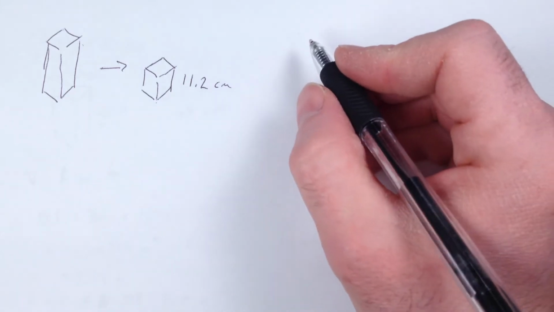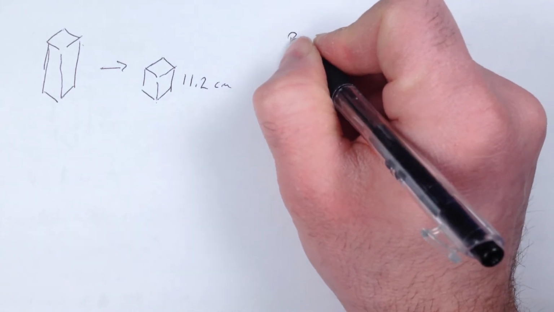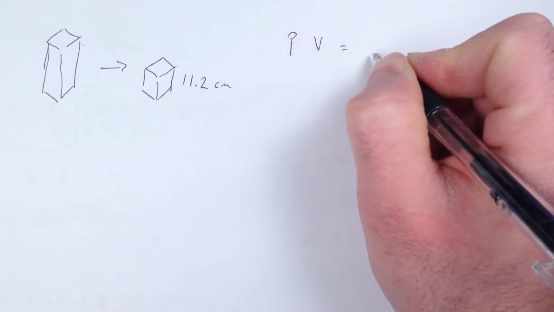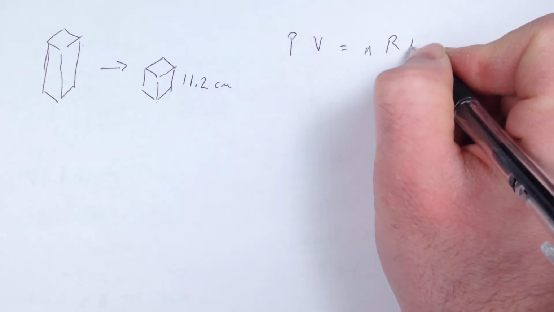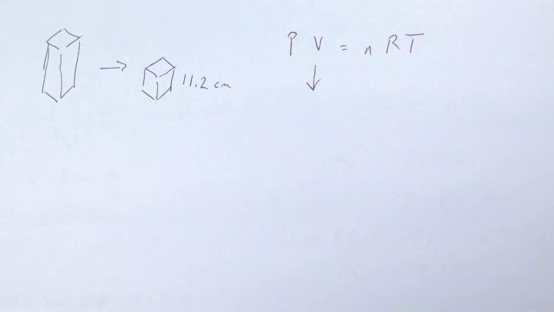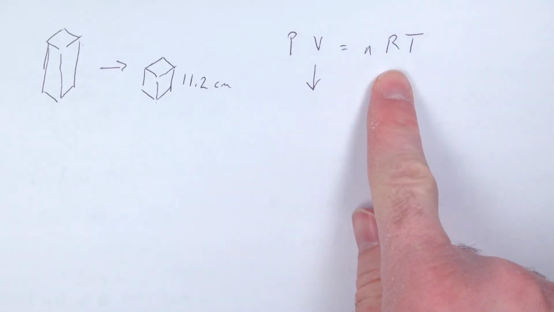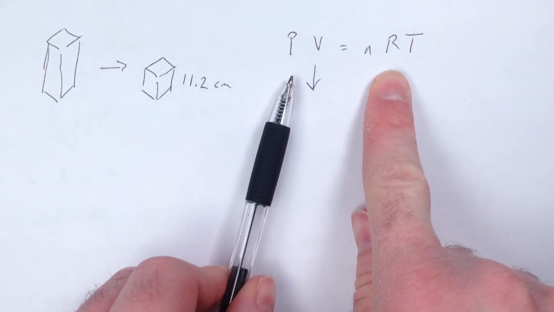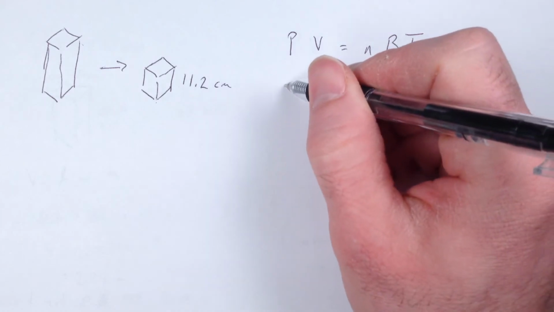So if we are looking at this equation, PV equals nRT, and the volume goes down. Let's just remember this in terms of direct variation and indirect variation. If this side all stayed the same, then the pressure would have to go up.